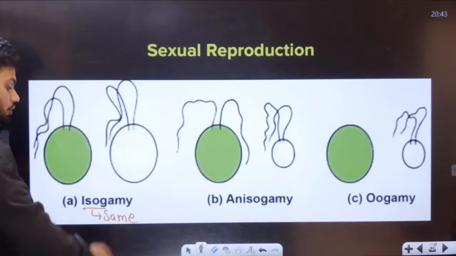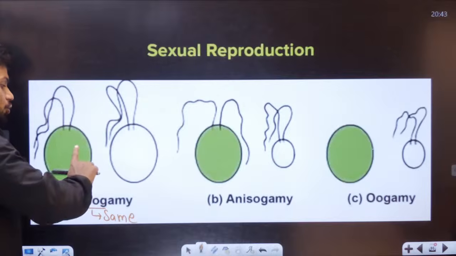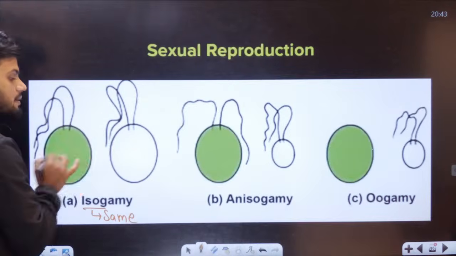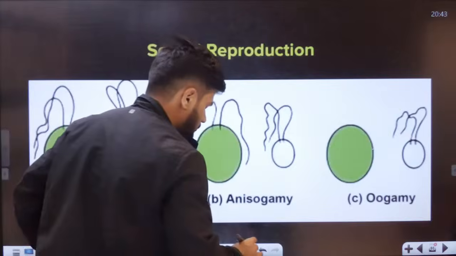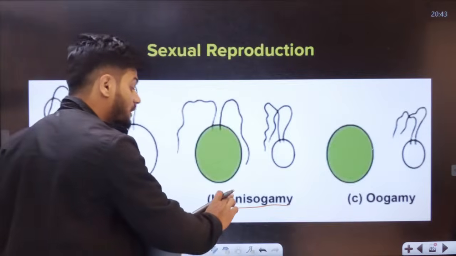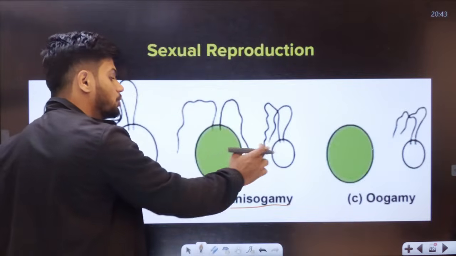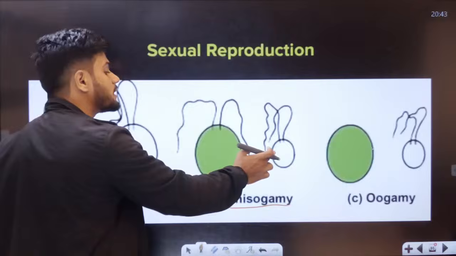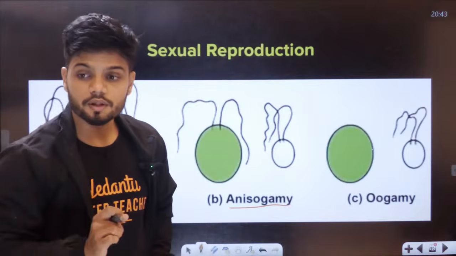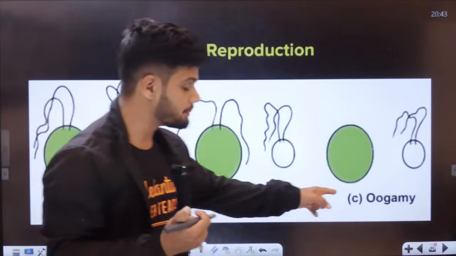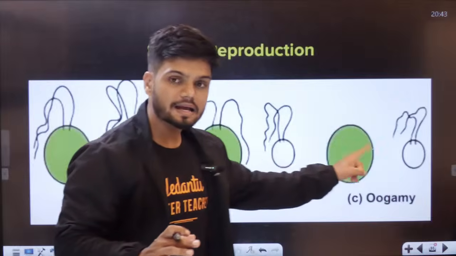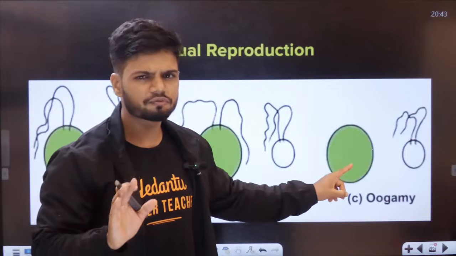So in isogamy, the 2 gametes look alike, the same size. Now, what about anisogamy? In anisogamy, the 2 gametes are different from each other. Now, what about oogamy? The main difference here is that the sizes of the 2 gametes are different.